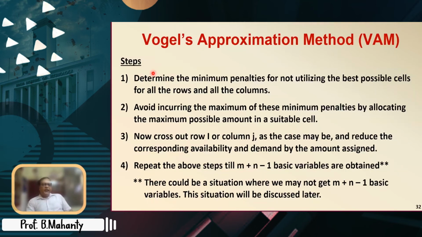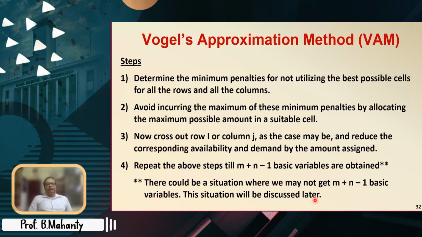After you make that entry, cross out the row i and column j as the case may be, and reduce the corresponding availability and demand by the amount assigned. Is it all right? This is the usual method. Repeat the above steps till m plus n minus 1 basic variables are obtained. Again, there could be a situation where we may not get m plus n minus 1 basic variables. This situation will be discussed later.